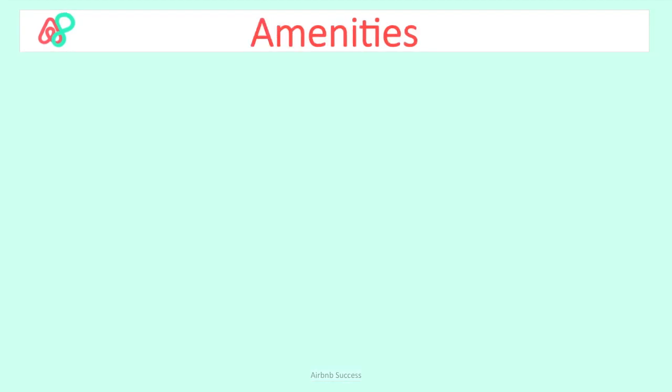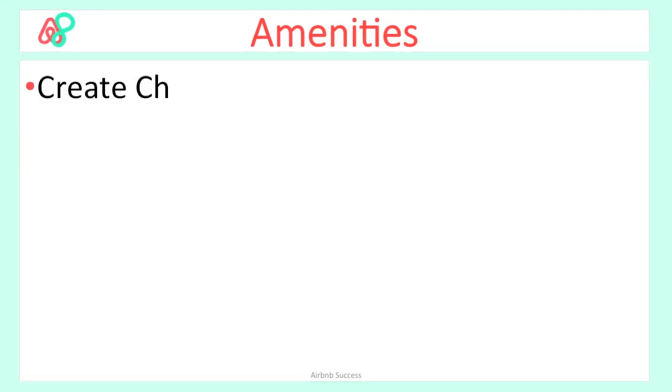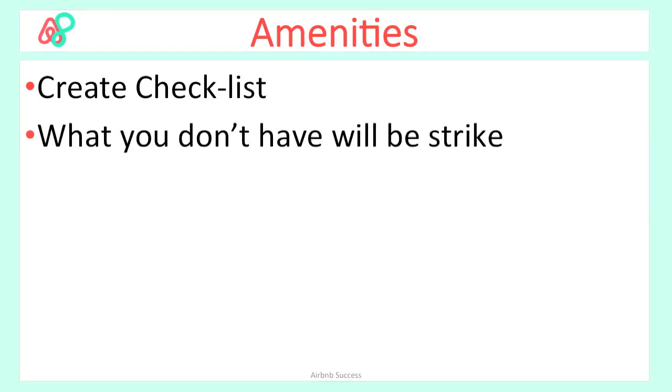Then next we're moving into amenities. These amenities are a checklist that you create for guests to know exactly what you have and make the decision to book. Airbnb will have a list of all basic amenities, and what you don't have, you just untick.